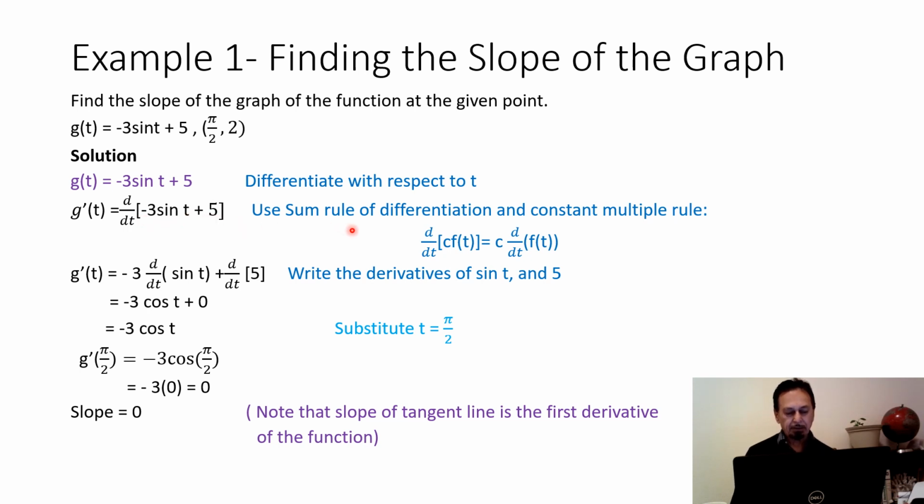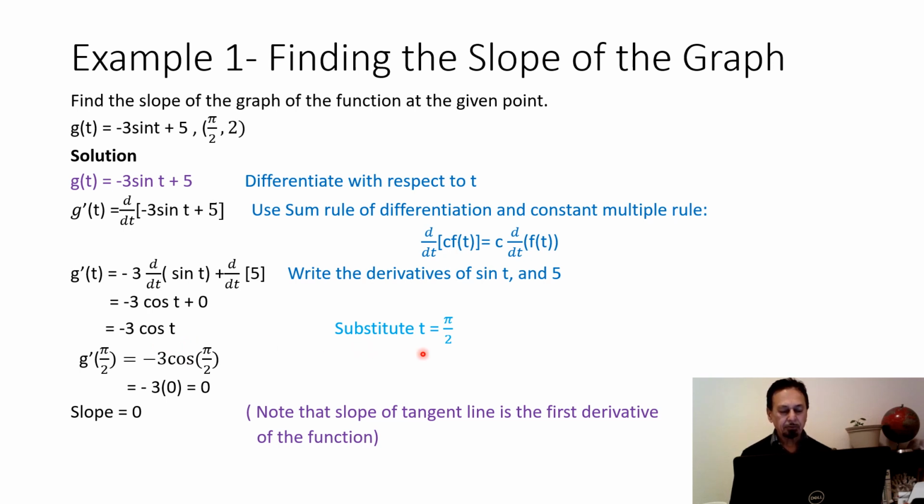Now we can apply the rules of differentiation and the constant multiple rule. So we have g prime t equals minus 3 times d over dt of sine of t plus d over dt of 5. Now we write the derivative of sine of t, which is cosine t, and the derivative of 5 is 0. So we have g prime t equals minus 3 cosine t plus 0. If we simplify, it becomes minus 3 cosine t.